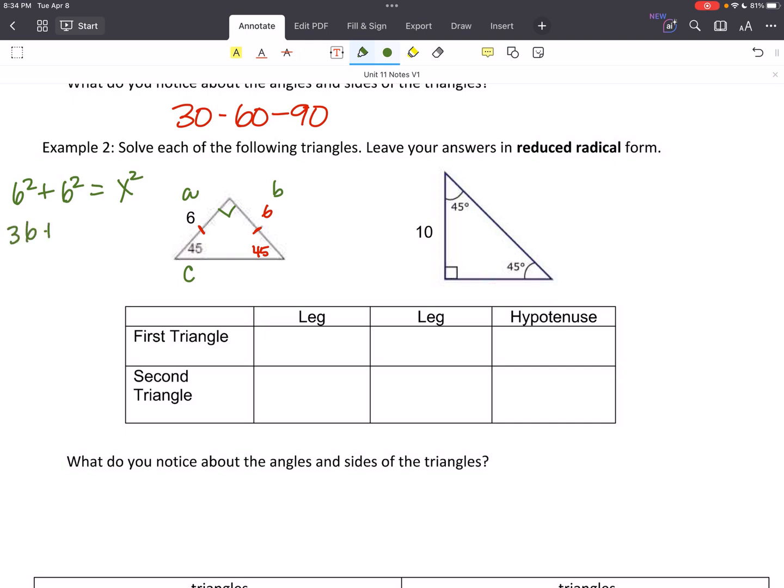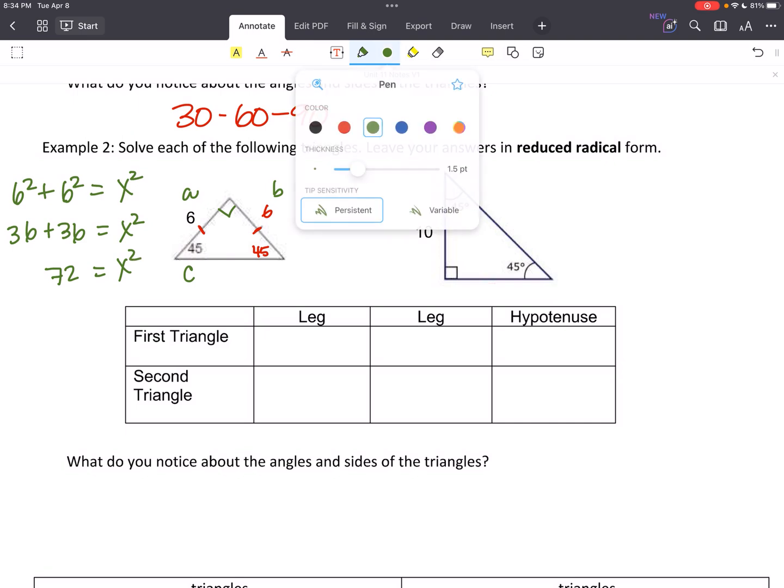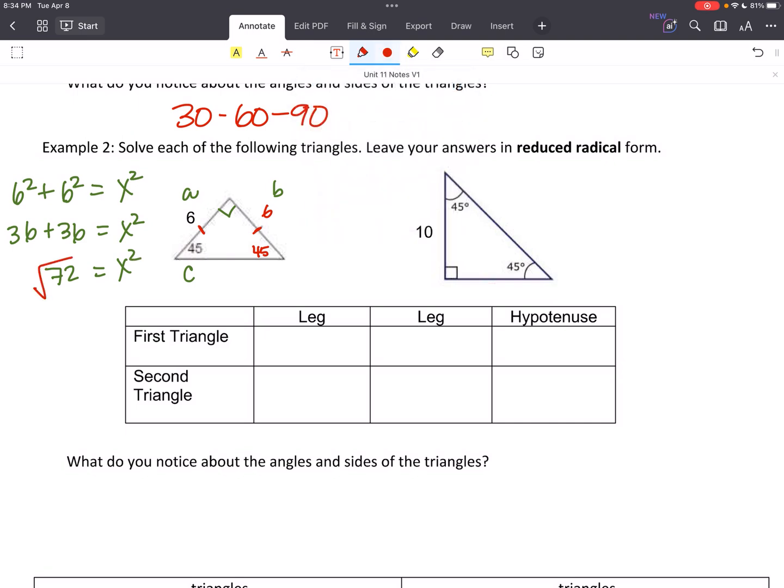So 36 plus 36 is equal to x squared. So 72 is equal to x squared. We take the square root of both sides, and x is equal to, after I do a factor tree, 6 square roots of 2. So first triangle, our legs are both 6 and 6, and this is 6 square roots of 2.